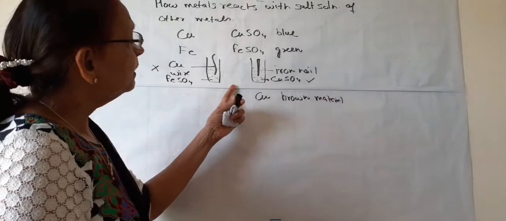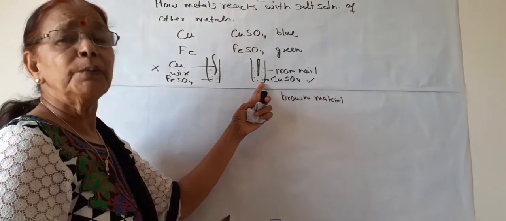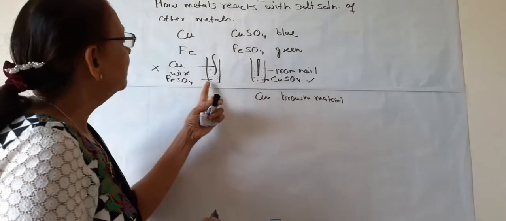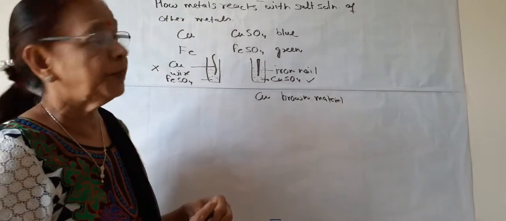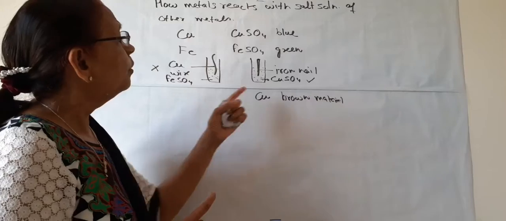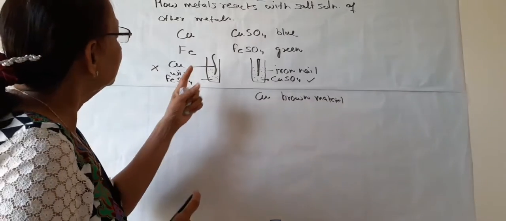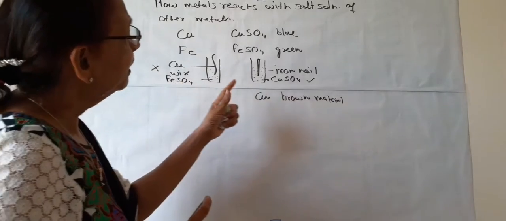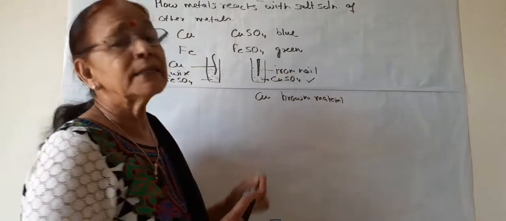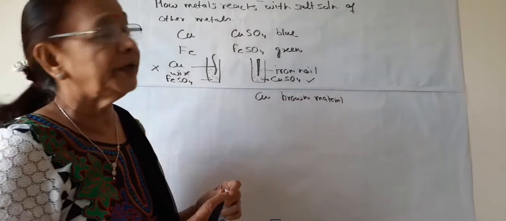So we see that in this test tube reaction has taken place, and in this test tube no reaction has taken place. So we want to know what is the reason that this copper is not reacting with iron sulfate and why this iron is reacting with copper sulfate.